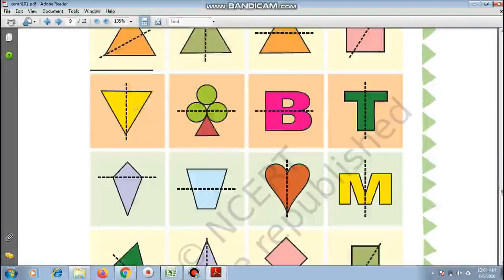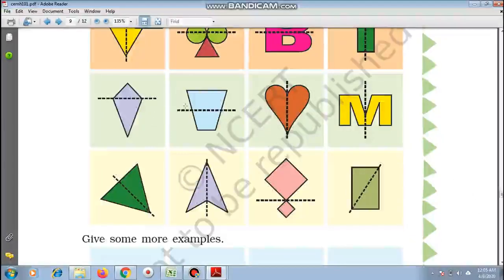What about this one? Yes, this is the tree. The one half is the same as the other half. No, it is not. B. Yes, if you draw a horizontal line from the center, then B is divided into two equal halves. What about D? Yes, it is divided into two equal halves.